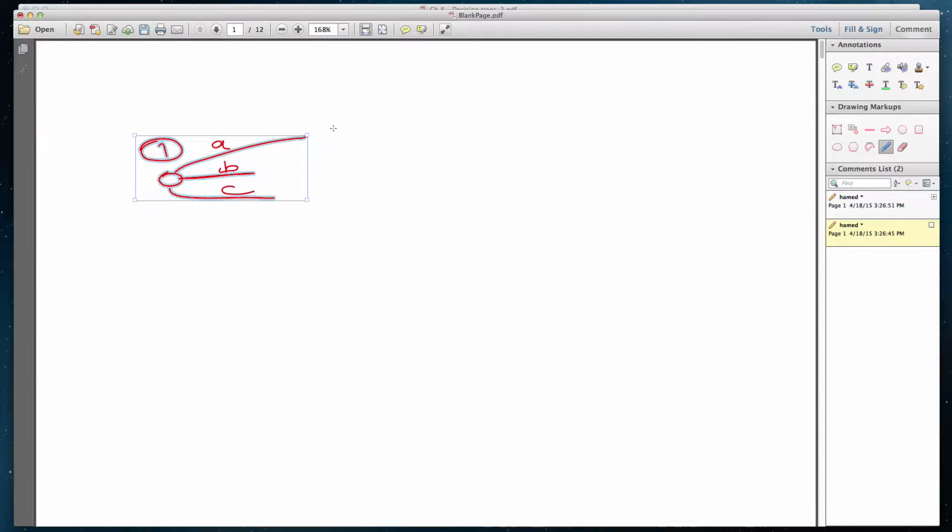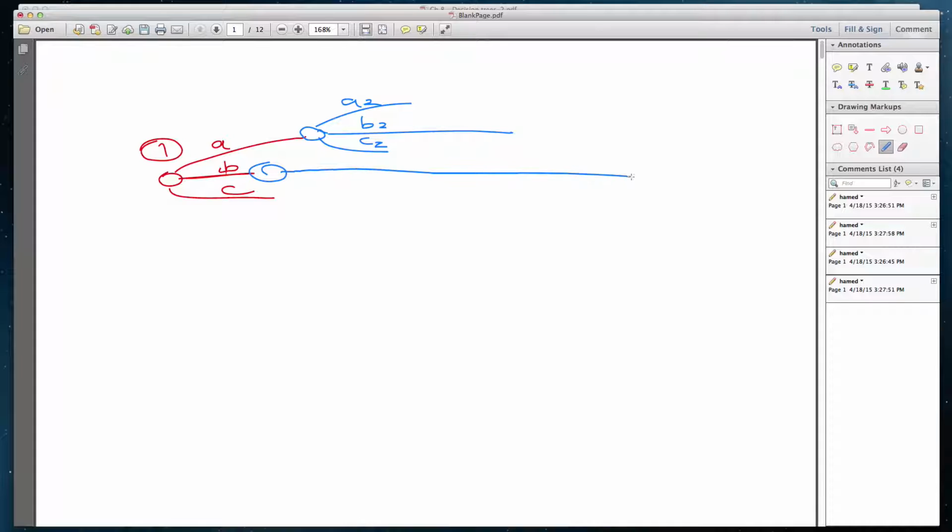So let's say at the second step, for each of our decisions, we also have three decisions. Let me call it A2, B2, C2, and we have the same thing for B. Let's say we have this, which is A2, B2, and let's call it C2.